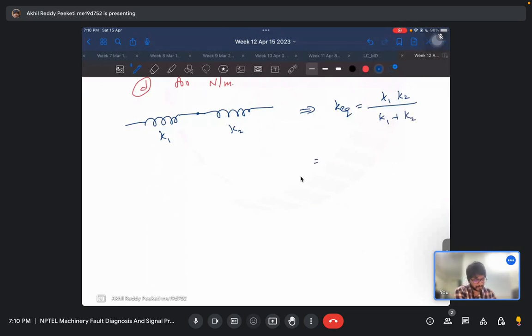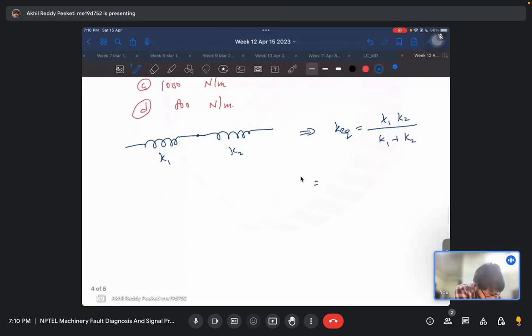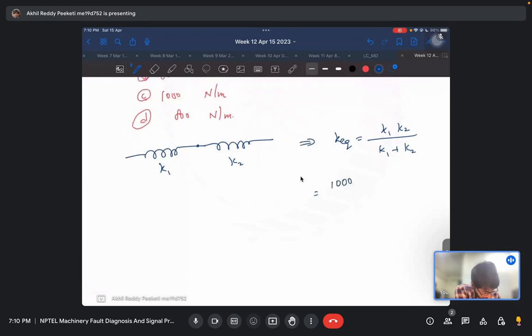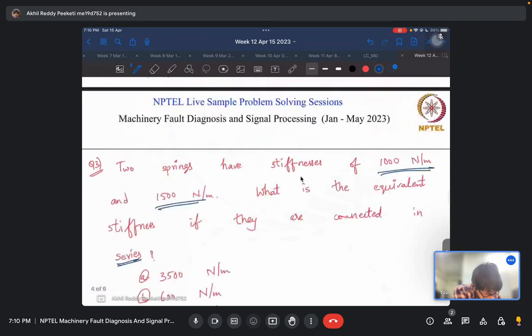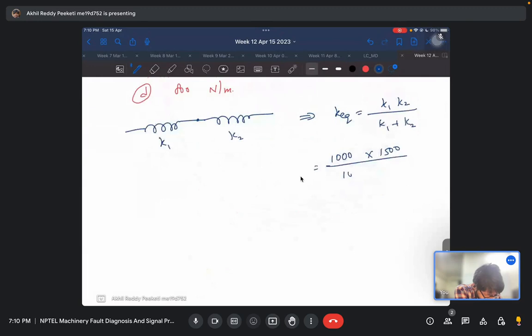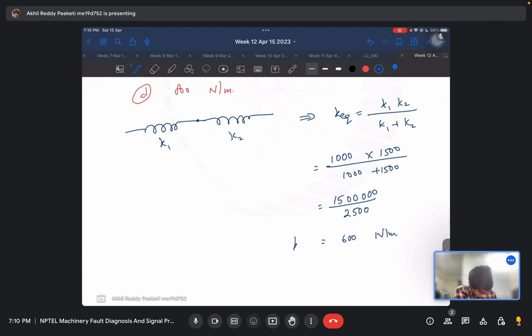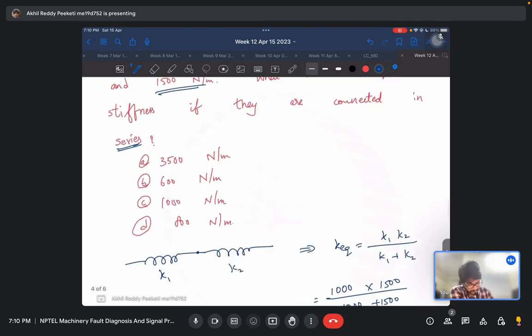So 1000 into 1500 by 2500 gives 600 Newton per meter. So the answer is 600 Newton per meter.